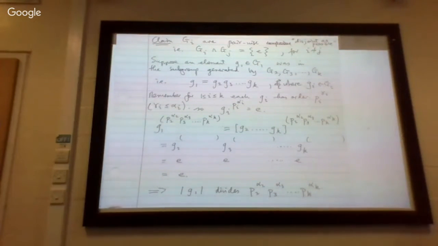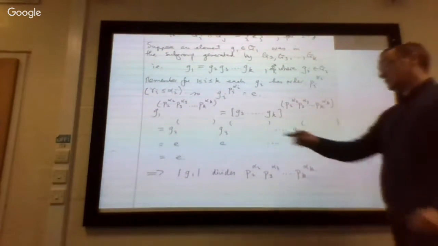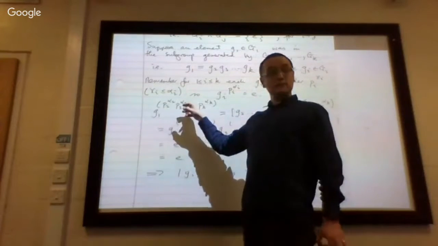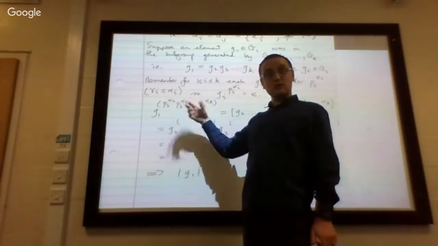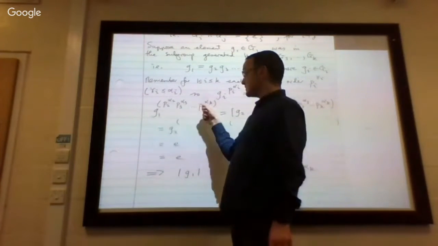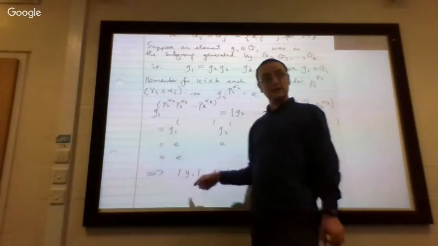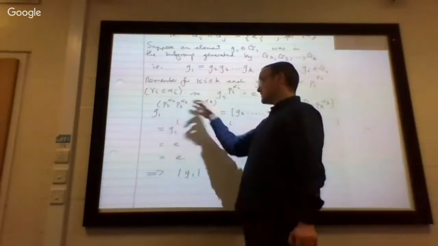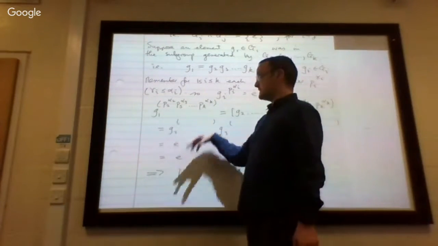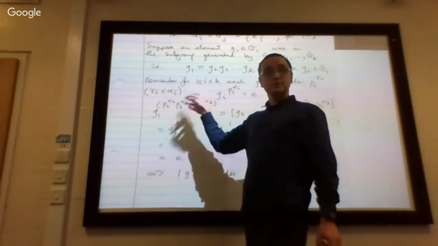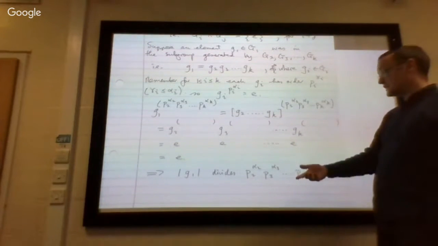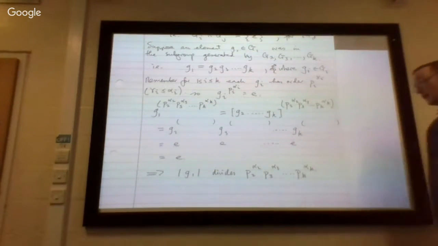Whenever you see an element raised to a certain power giving you the identity, the order of that element must divide that large power. The order of an element is the smallest possible exponent you can put up here so that you get the identity back. Any other exponent that gives you the identity must be a multiple of the order. So the order of G1, whatever it is, must divide that.